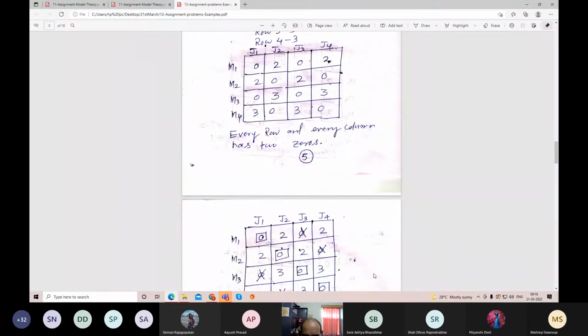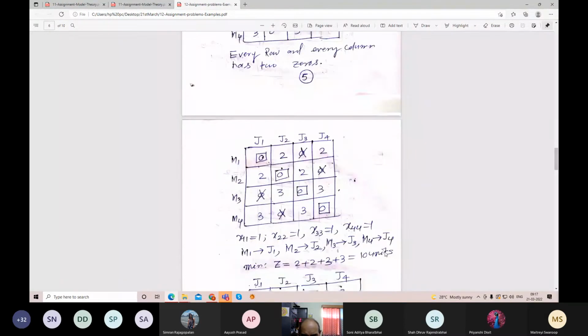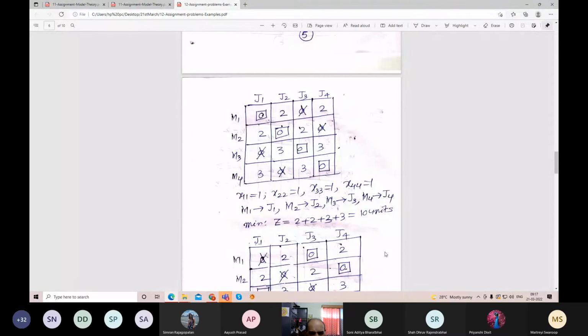Similarly, the third row has two 0s. So you select in the third row and assign to that. And finally, we select in the fourth row. So this is a solution. Our solution is x11 equal to 1, x22 equal to 1, x33 equal to 1, x44 equal to 1.